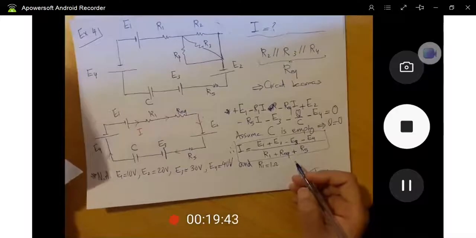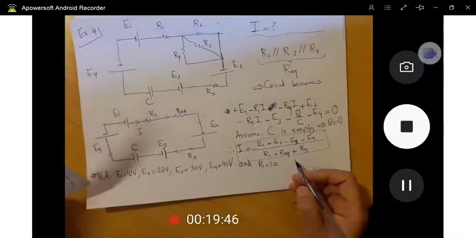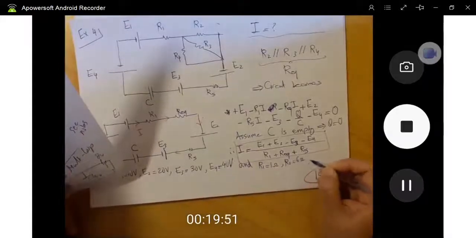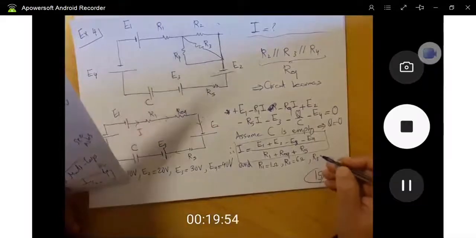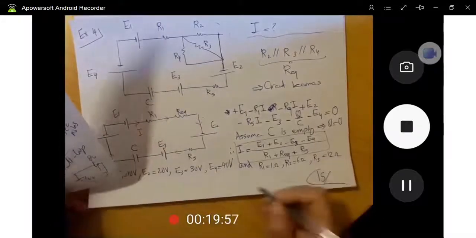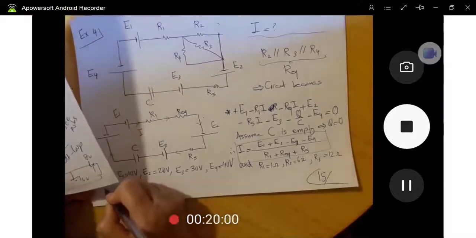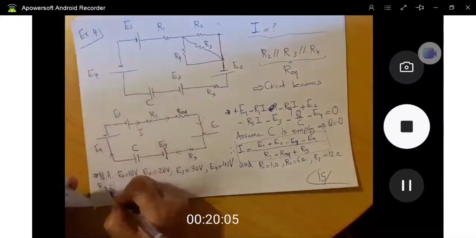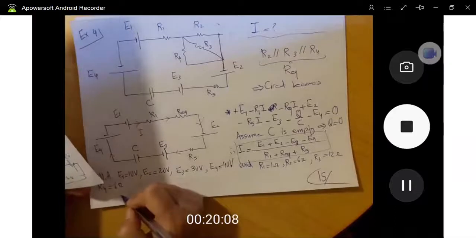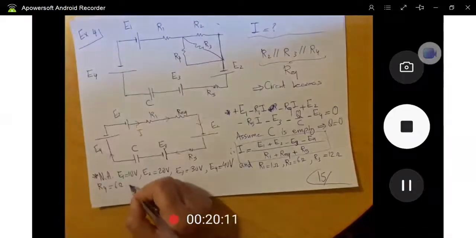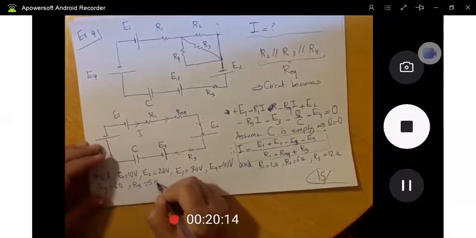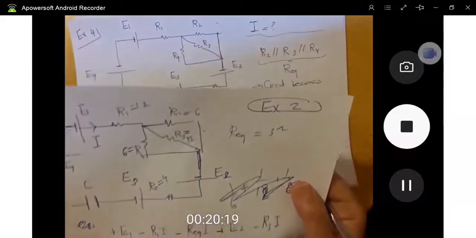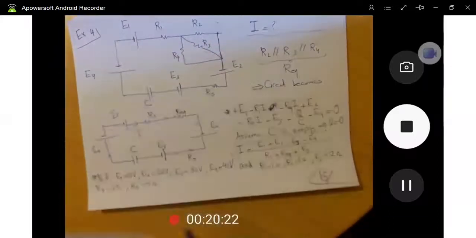So here we have R1 is 1 ohm, R2 is 6 ohms, R3 is 12 ohms, and R4 is 6 ohms. And finally R5 is 4 ohms. Let me check what I did: 6, 12, and 6, okay, and the last one is 4.